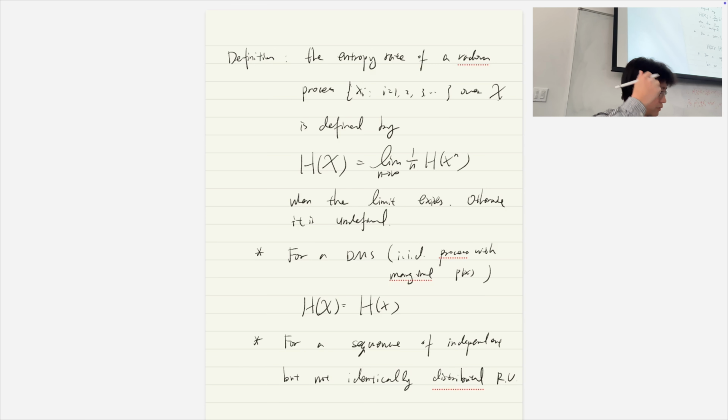For each random variable we have its own distribution, so for each X_i the entropy H is different. In this case, our entropy rate will be given by this, where there's a sum here.